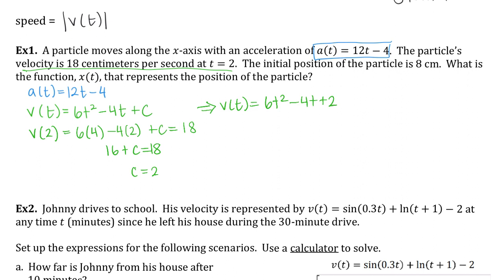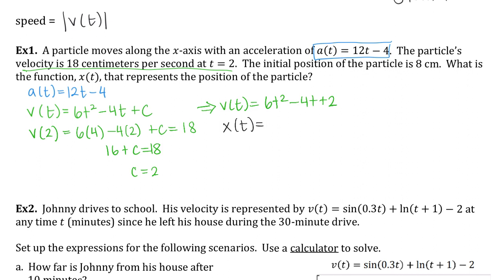Okay, now I still need to get the position function, which they would like me to define as x of t. Since the derivative of position is velocity, the antiderivative of velocity is position. So I'm going to take the antiderivative of velocity.